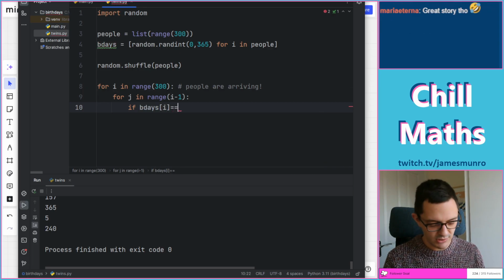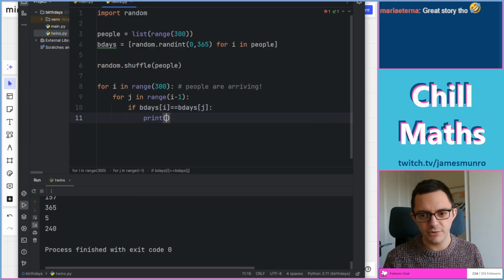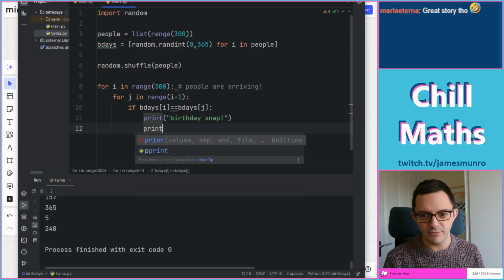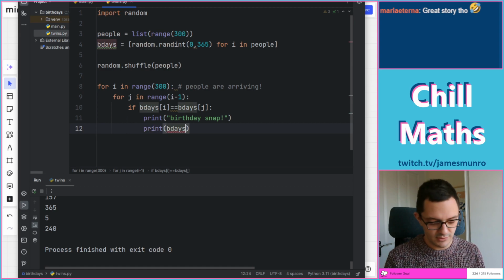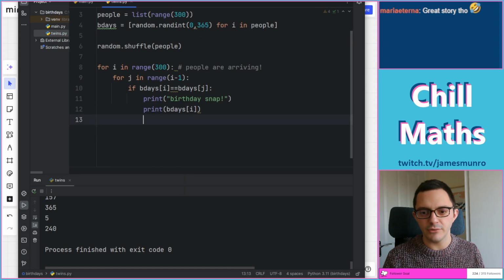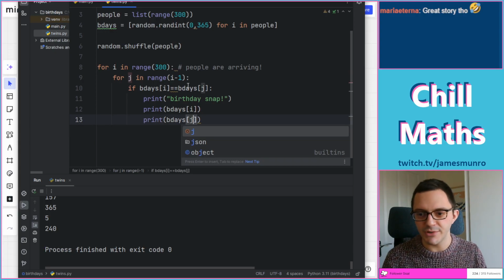Do I put two equal signs here? If you have the same birthday as somebody who's already here, then I would like you to print birthday snap, and just to confirm it for me, birthdays and also birthday. I think I could probably do this with commas, can't I?